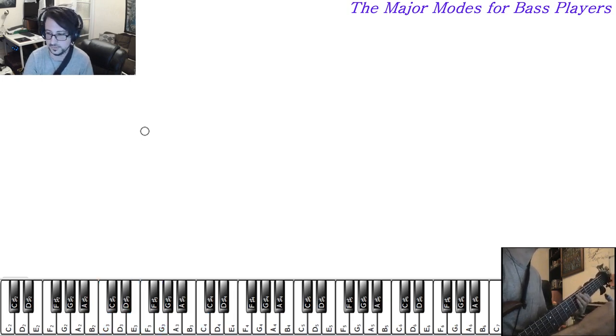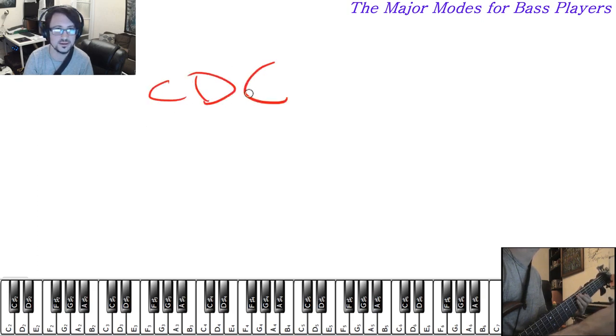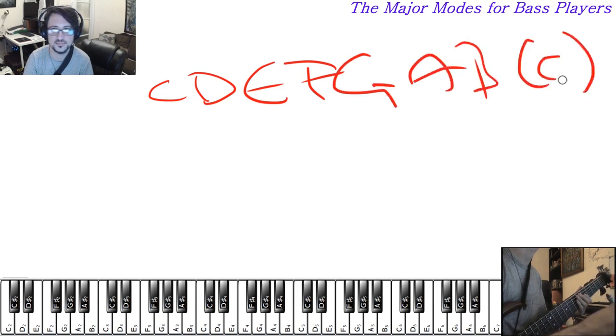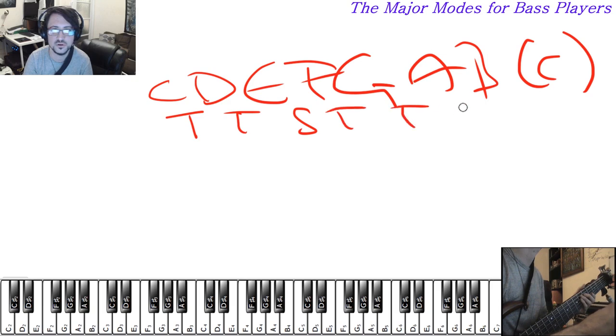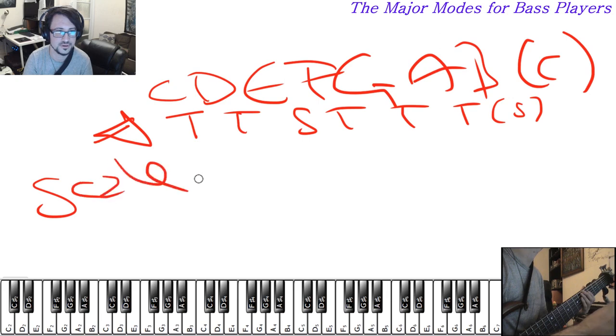Now it will have a set pattern for each scale, so it will be C, D, E, F, G, A, B, C. And in between those is a tonal pattern of tone, tone, semitone, tone, tone, tone, and then there's a semitone back to the octave. And basically a mode, so this is the scale of C major, but the modes of C major are basically for each of these notes there is another scale.